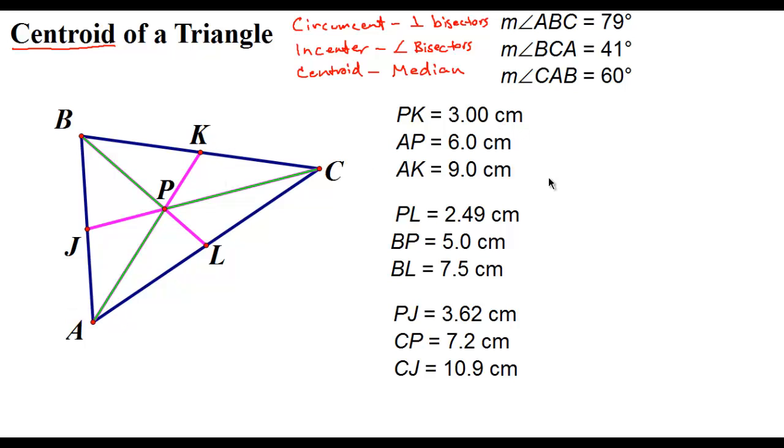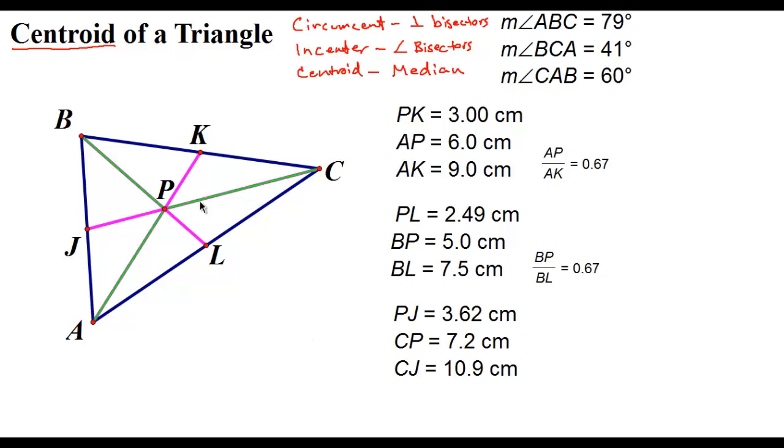We'll take a look at what that looks like. When I divide AP over AK, 6 over 9, I get 0.67, which is 2/3. And I can do that with the rest of them here. So I can do 5 over 7.5, BP over BL, 0.67, and I can do CP over CJ.